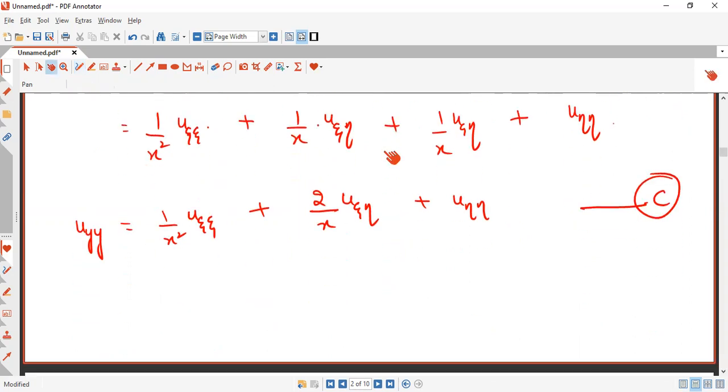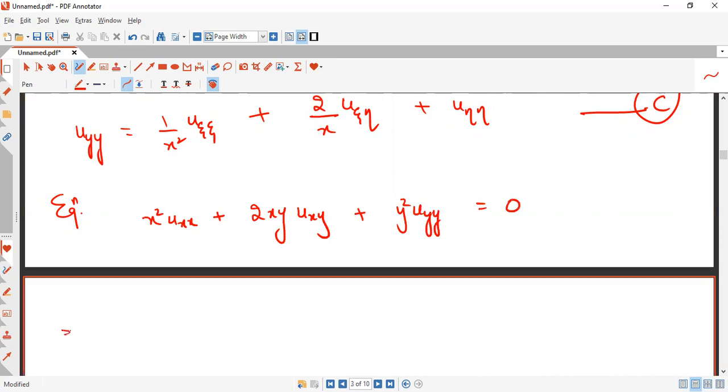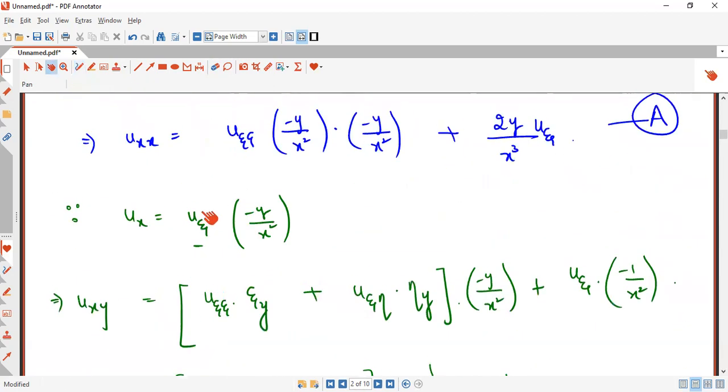Okay, now just substitute in the equation. The equation is x square uxx plus 2xy uxy plus y square uyy equals 0. x square of uxx, solve it by yourself. x square you have to multiply with uxx.